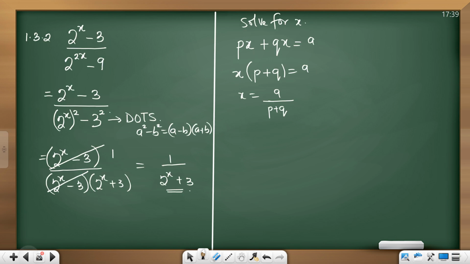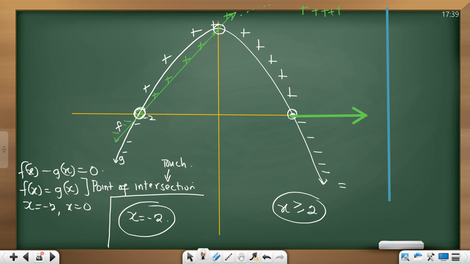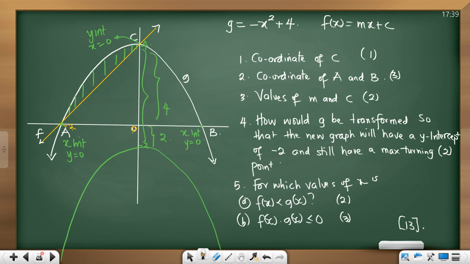Let me just mention something on that parabola. It keeps skipping my mind. The examiner would ask you for the equation of the axis of symmetry. I want to show you how to do something because they can trick you on this.